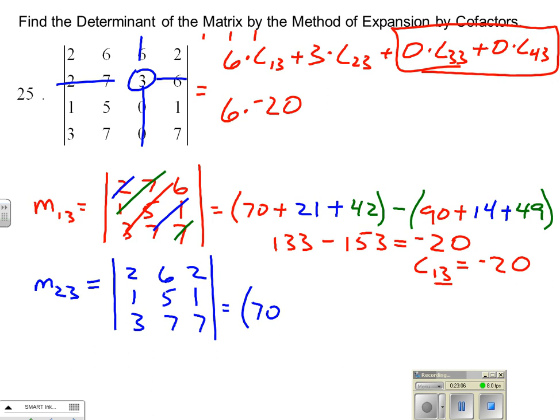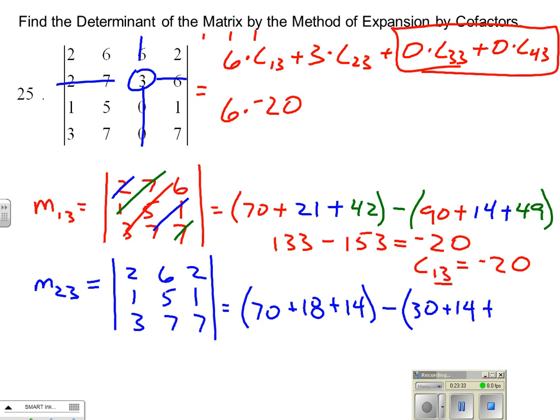My second downward diagonal could be 6, 1, and 3. 6 times 1 times 3, plus 18. My next downward diagonal could be 2 times 1 times 7, plus 14. Minus the sum of my upwards. 3 times 5 times 2, that is 30. The next one, 7 times 1 times 2, 14.